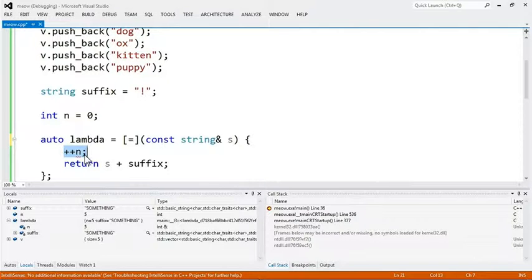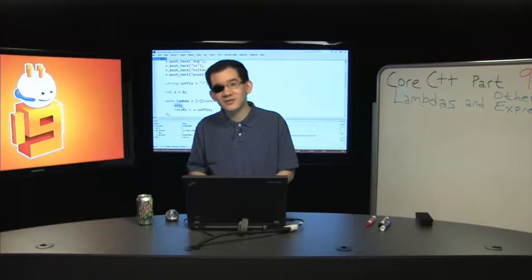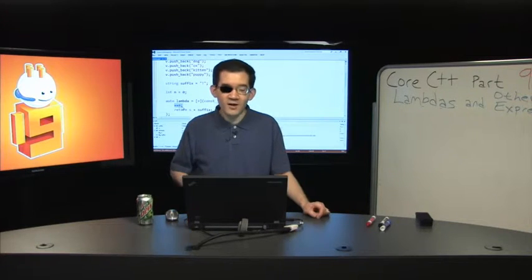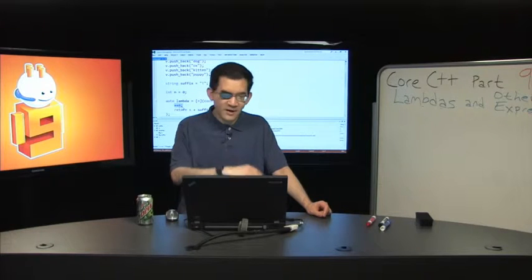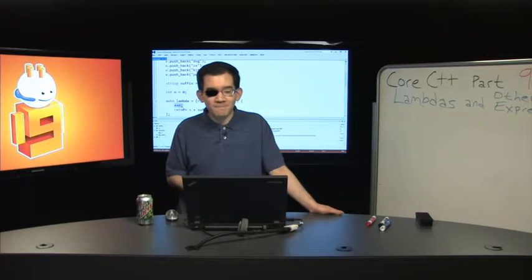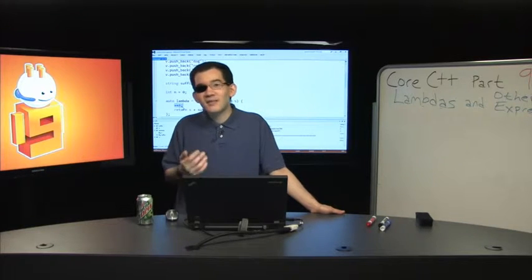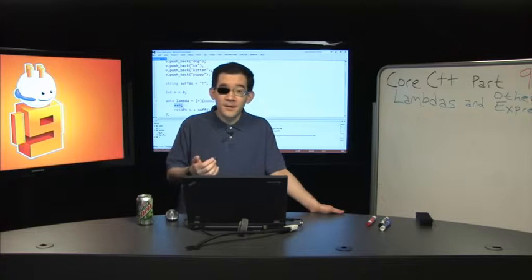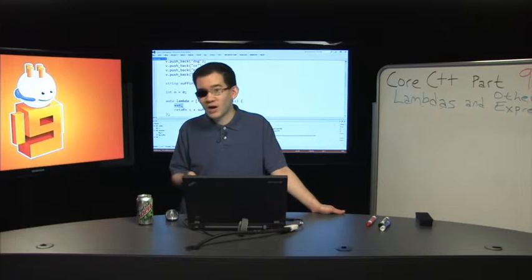So if I say int x, x is modifiable by default. I've got to say const int x if I don't want x to be modified. If I have a member function inside a class, say int meow with parentheses and braces, that member function is by default not const. So I can modify member variables of my class or my struct.